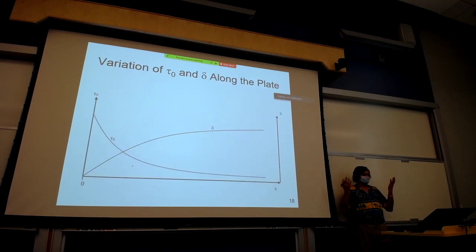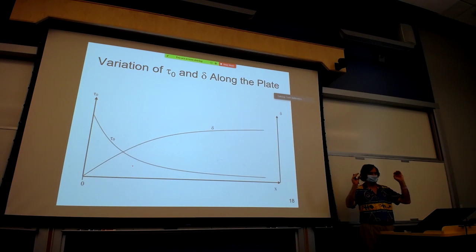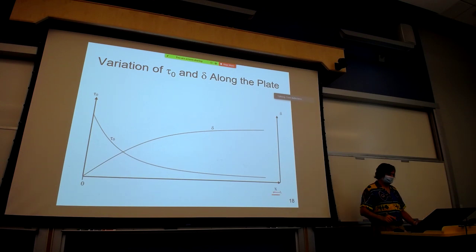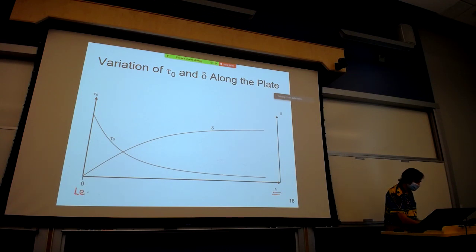So when we look at this, and again, I'm going to remind you, we're looking at the laminar zone only, what Blasius hypothesized. If you look along the plate, on the horizontal axis you have the x direction, increasing to the right, and so this is the leading edge of the plate. And somewhere down the line is the trailing edge.